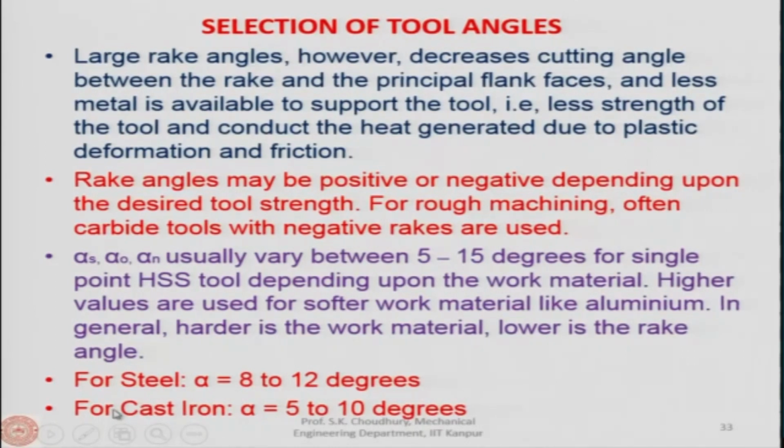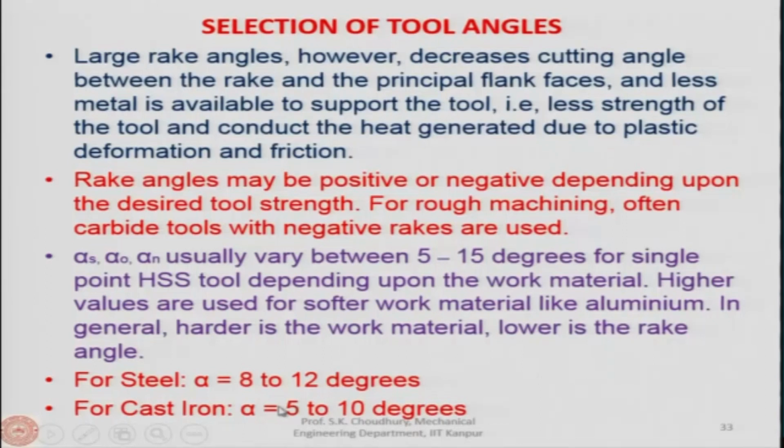For example, the recommendation for steel, the alpha s, alpha 0, alpha n, these values lie between 8 and 12 degrees. But for cast iron, these values are 5 to 10 degrees.